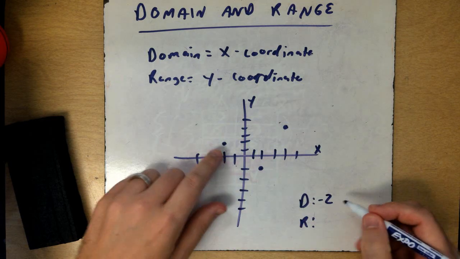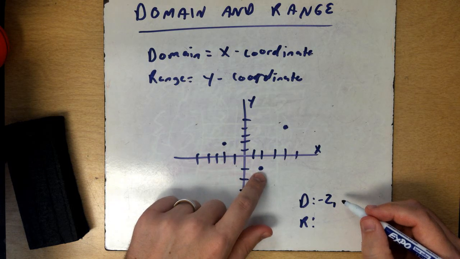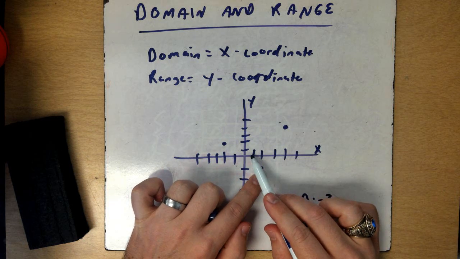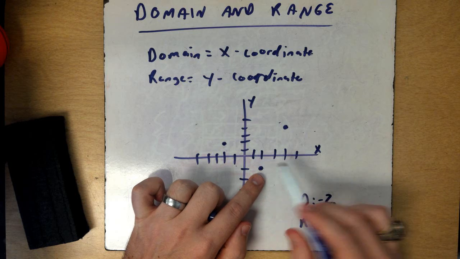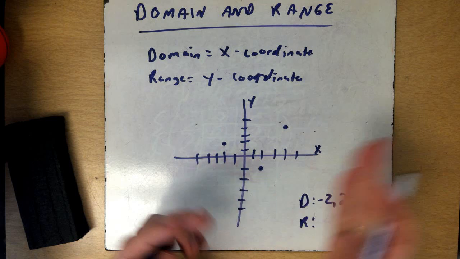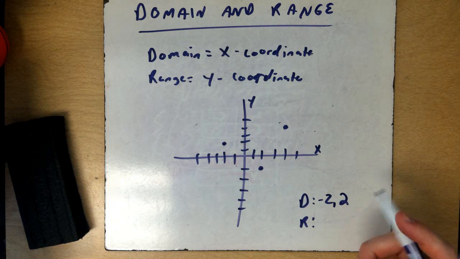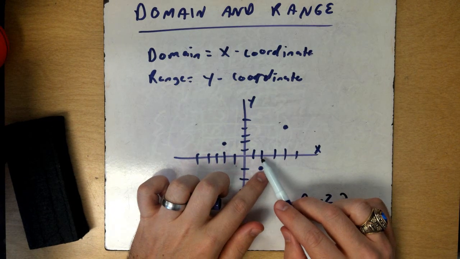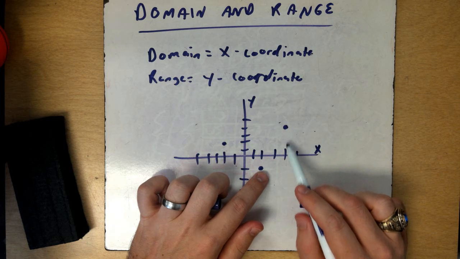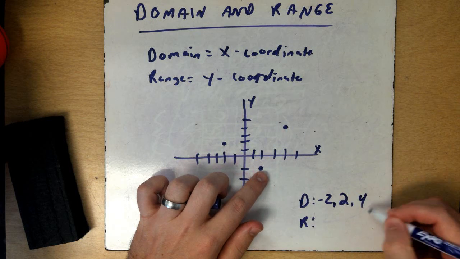Look at this point, it's on here on x. If this is 0, and we go 1, 2, it's at +2 on the x. Remember, not looking at the y, just looking at the x, just left to right. And then here, if this is 2, we go 3, 4, and that's my point here at 4 on the x.